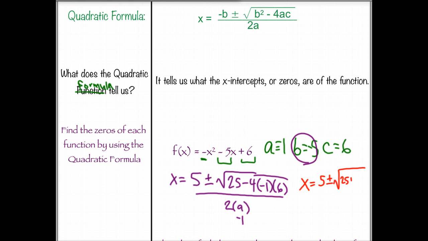So what we're doing is adding 24, all over -2. So now if we rewrite this again, we have x is equal to 5 plus or minus the square root of 49, all over -2.